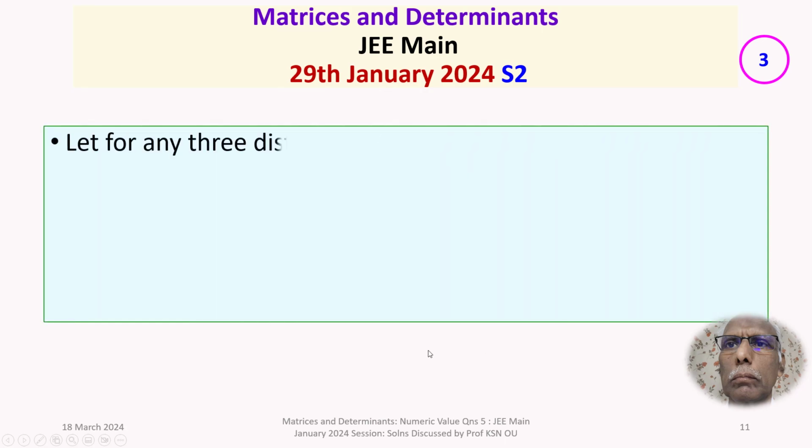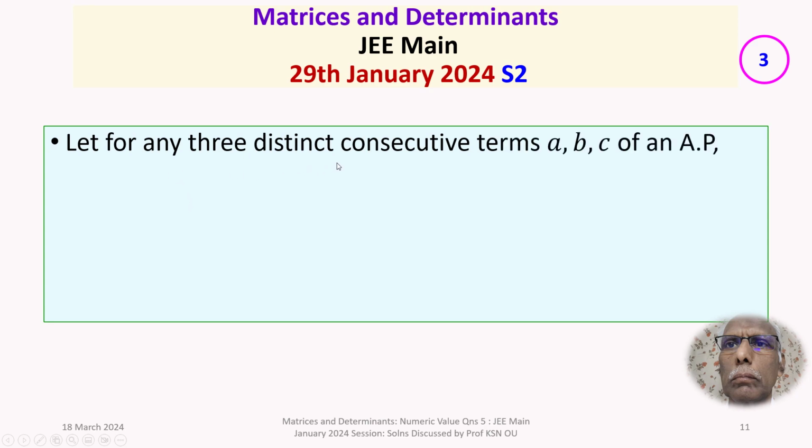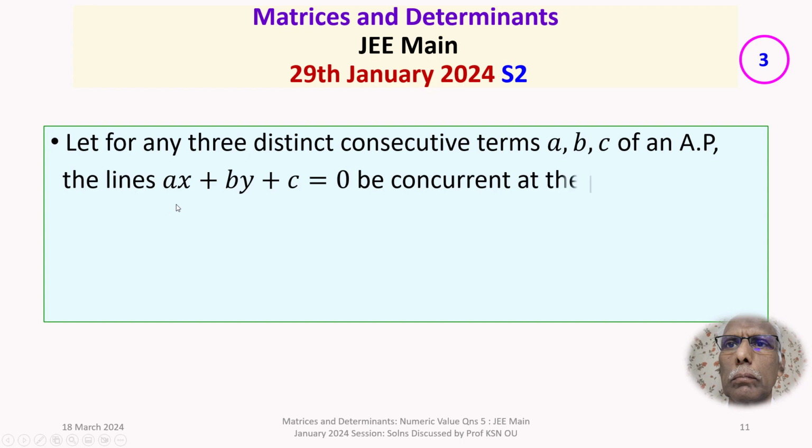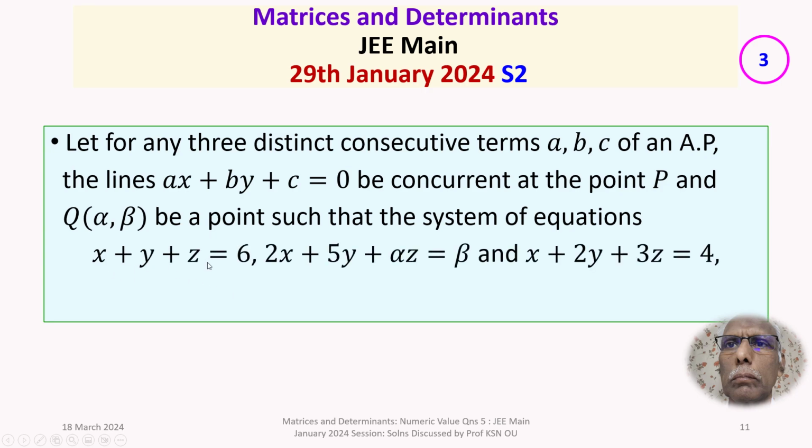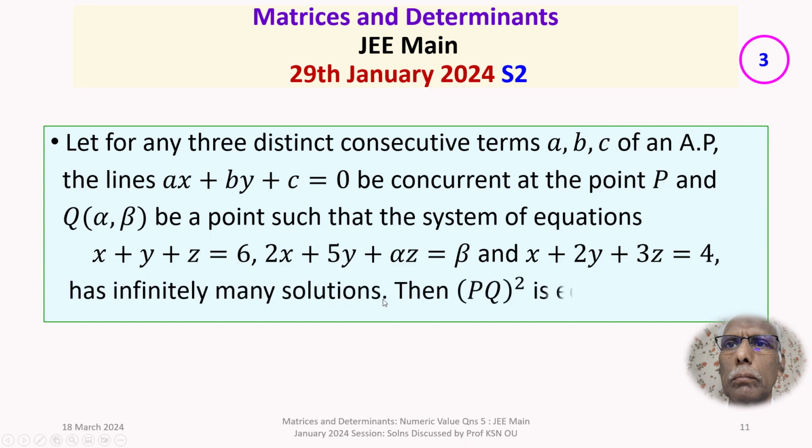The given question is, for any 3 distinct consecutive terms A, B, C of an arithmetic progression, let the lines AX plus BY plus C equal to 0 be concurrent at the point P, and let Q alpha comma beta be a point such that the system of equations x plus y plus z is equal to 6, 2x plus 5y plus alpha z is equal to beta, and x plus 2y plus 3z is equal to 4 has infinitely many solutions.